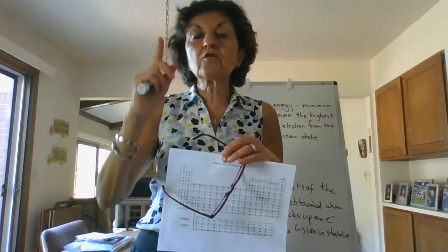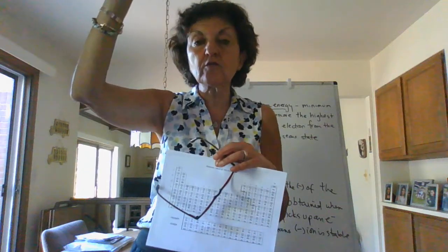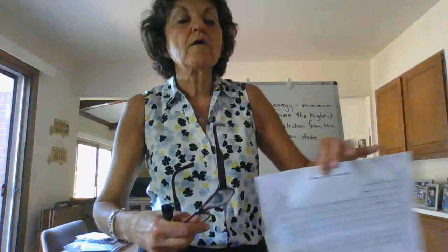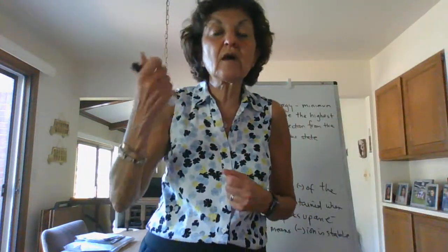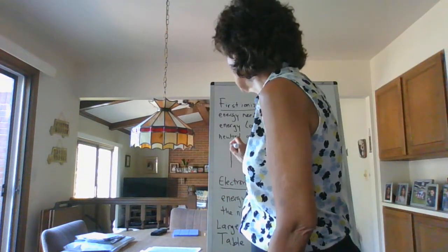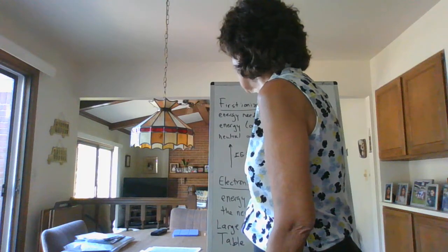So as you're going up a group, the furthest electron is getting closer and closer to the nucleus, so it's going to get harder and harder. So the more energy that is required to pluck an electron away, the higher the ionization energy. So as you go up a group, ionization energy goes up.